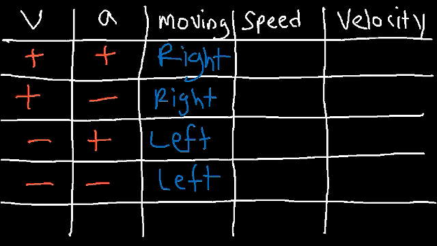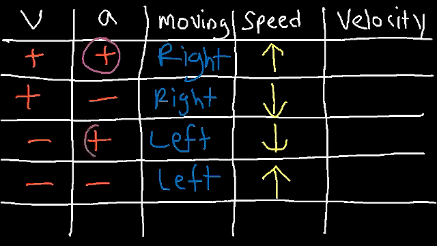Whenever velocity and acceleration have the same sign, it's going to be speeding up. Whenever they have opposite signs, it's going to be slowing down. Now what about velocity? When is velocity increasing and when is it decreasing? Velocity is increasing whenever acceleration is positive, and it's decreasing whenever the acceleration is negative.